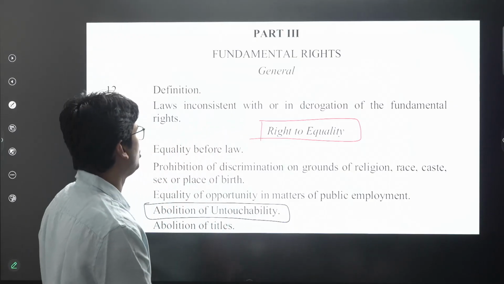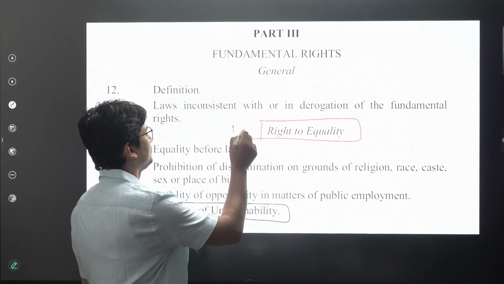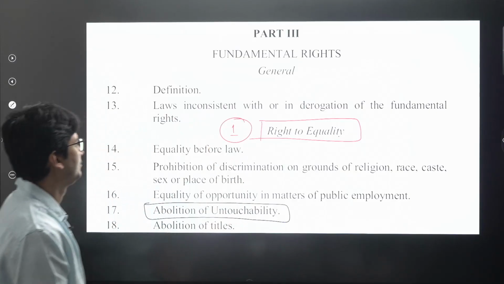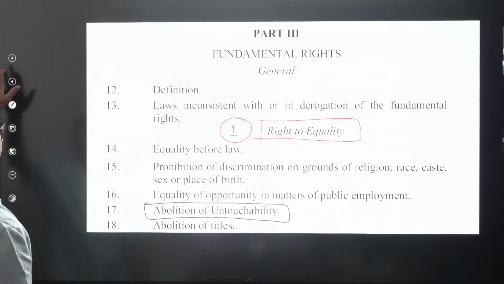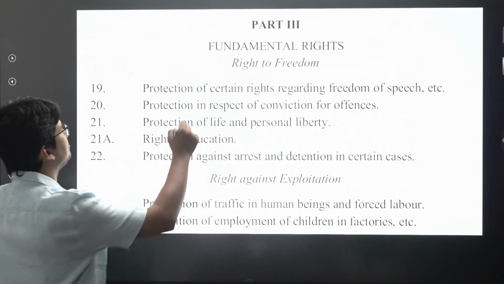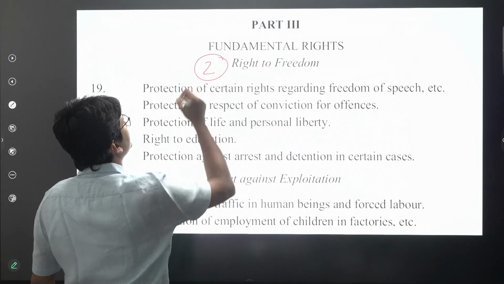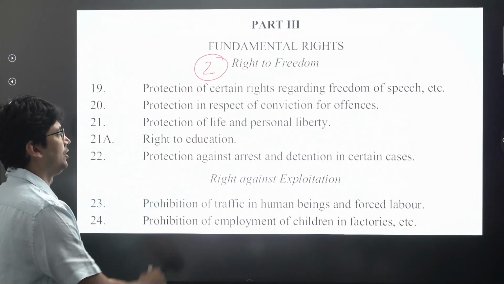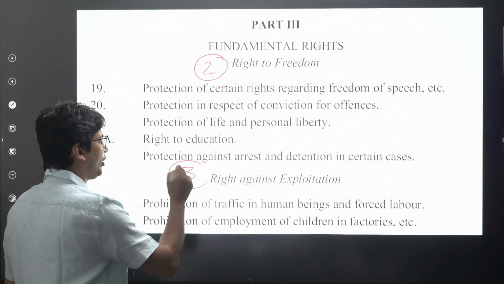First, right to equality. Second, right to freedom. Third, right against exploitation.